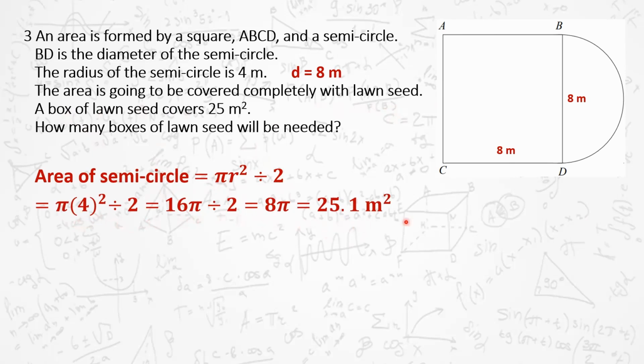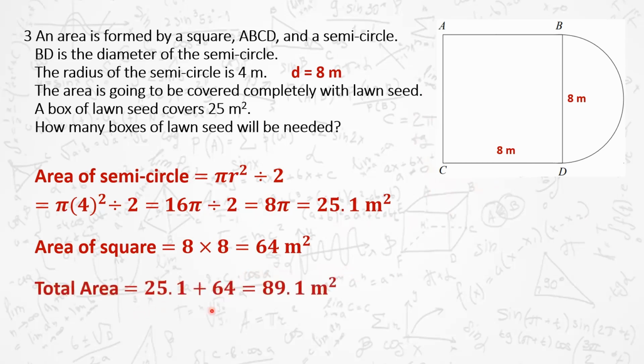Keep 1 decimal place, we have 25.1 meters squared. Then on the left hand side, we have the square. Area of a square is straightforward, 8 times 8 equals 64 meters squared. Therefore, the total area is 25.1 plus 64 equals 89.1 meters squared.